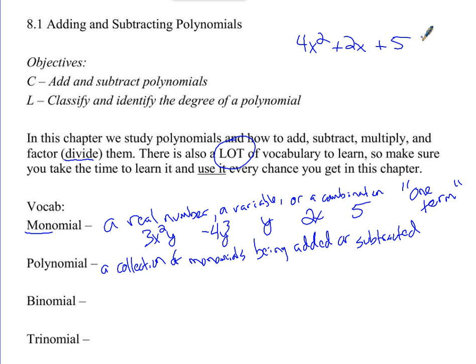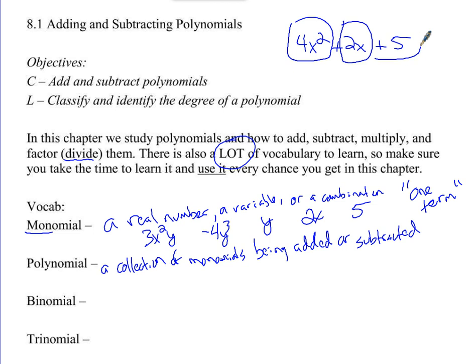The word you don't see up here is term. So based on what I just said, what can you say a term is? A term is each individual thing. Like if this right here is a polynomial, this right here is a term. This is also a term.